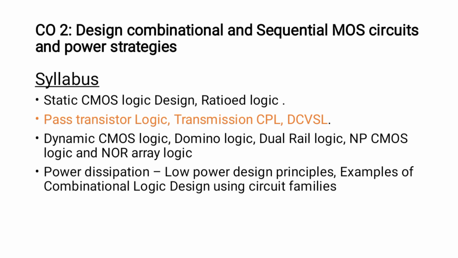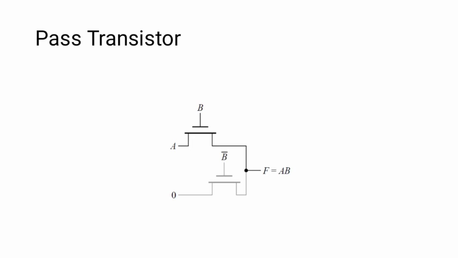In the previous class we have seen the ratioed logic and static CMOS logic design. The next one is pass transistor logic. Here, NMOS transistors are connected in series. The thing is, we can give the input at the source, drain, and gate terminals, right?